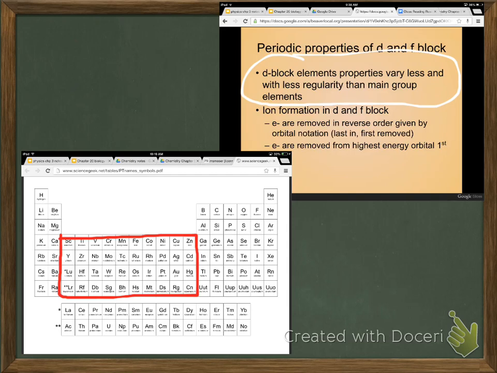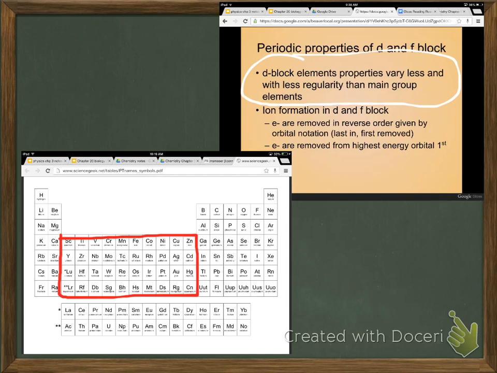I mean, there are some exceptions, like gold is incredibly unreactive. You've got the weird magnetic three: iron, cobalt, and nickel. You've got a few things that have some radioactive isotopes. But in general, the properties within that D block just don't vary a whole lot. The F block, same thing.